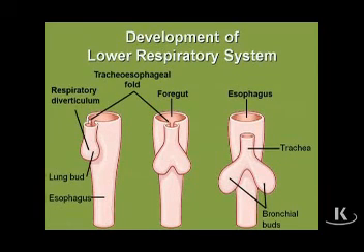Now, what we see happening here is that there's an evagination from this endodermally lined tube, and the evagination is from the ventral midline of the tube at a point along the length of the tube in the cervical region. So this is the cervical portion of the gut tube, and we have a ventral midline evagination.